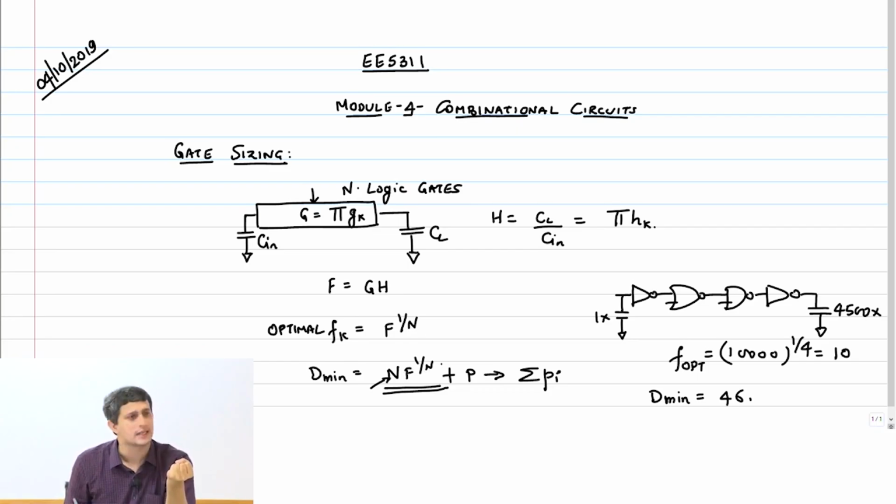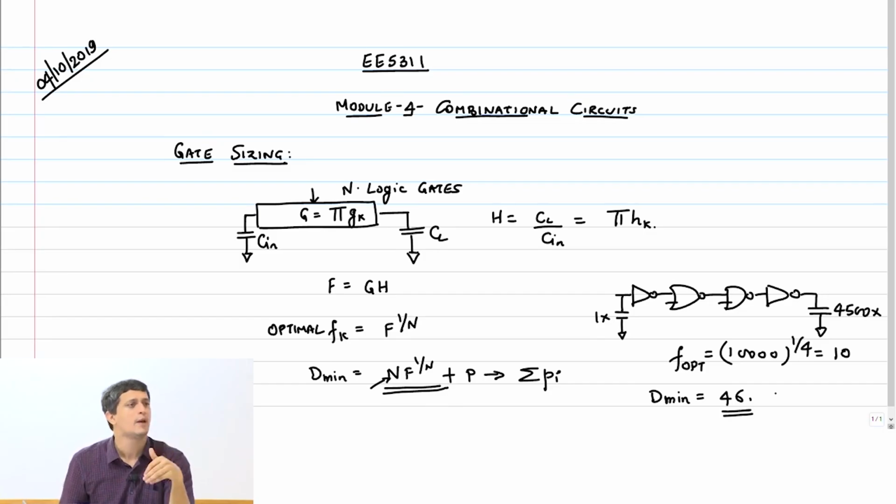And therefore, we said that if you have a path with very few gates driving a very large load capacitance, even this delay is technically not the most optimal. It is optimal given that you have only those many number of gates, n gates. That is true.